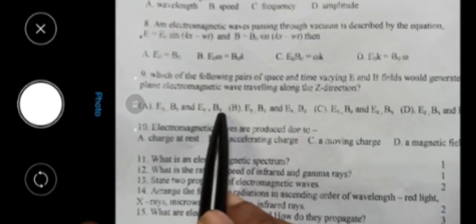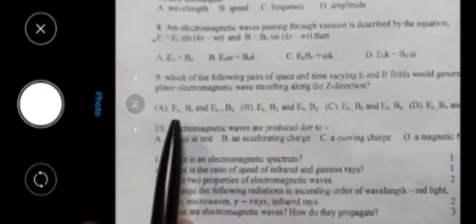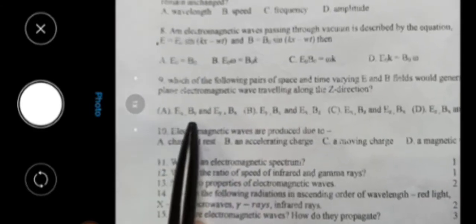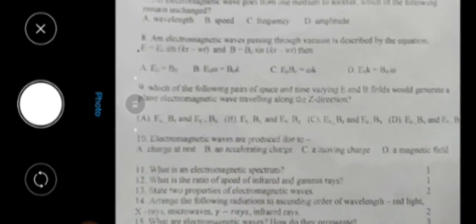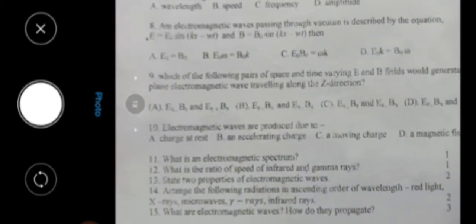What you have to know is that the direction not included in the options is the one being determined. If Ex and By are given, the propagation is along z. Or if Ex is given and the propagation is along y, the magnetic field will be in the z direction. Whichever is not in the options, that will be the answer.